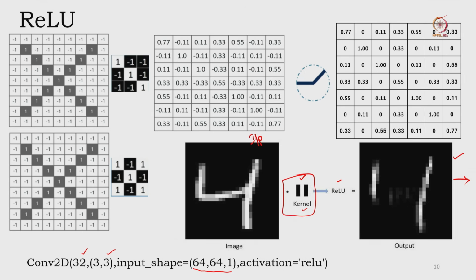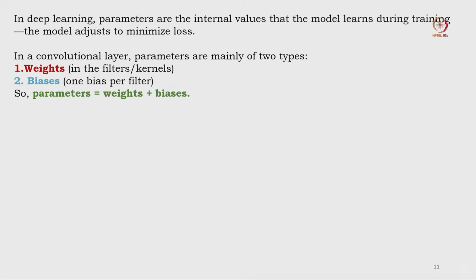Conv2D is a Keras function which is used to perform a convolutional operation, and you should also pass an activation function. And what activation function are we using? We are using a ReLU activation. So, this is the Keras syntax. We will explore it in detail once again in hands-on, but this is the line that you will be writing for a convolution operation.